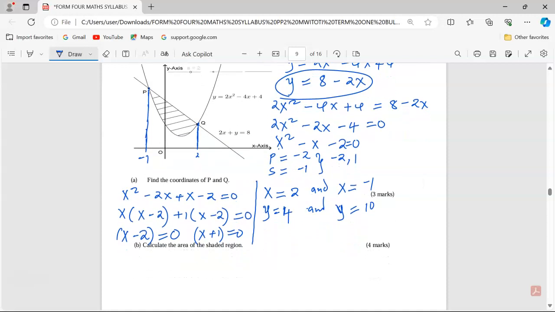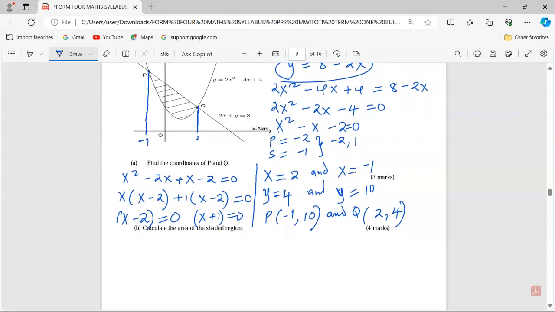Therefore, the coordinates of P are negative 1, 10, and the coordinates of Q are 2, 4. Those are the points of intersection of the curve and the line.